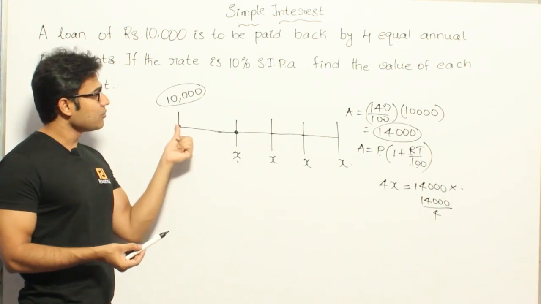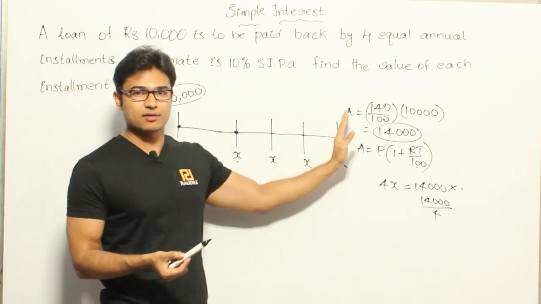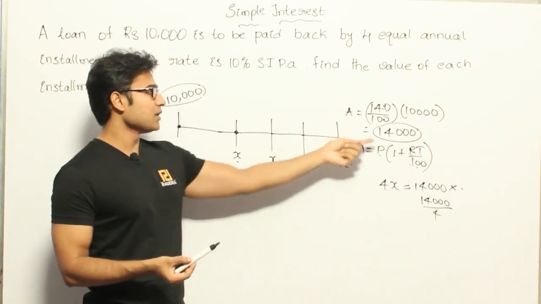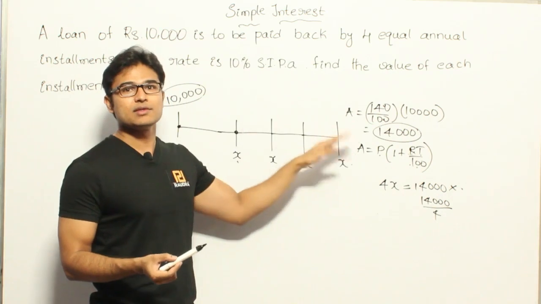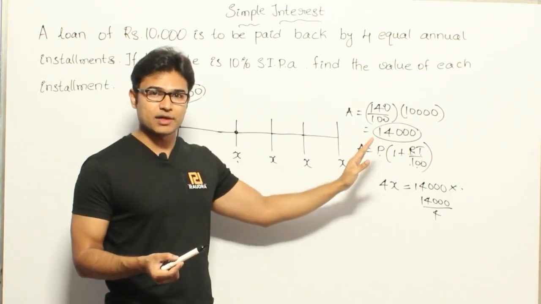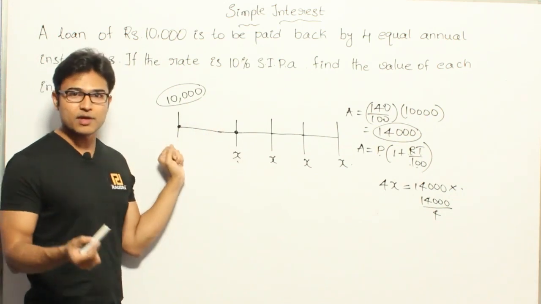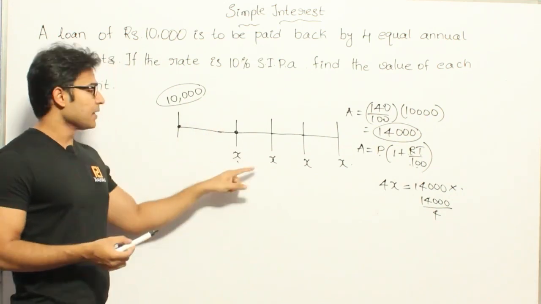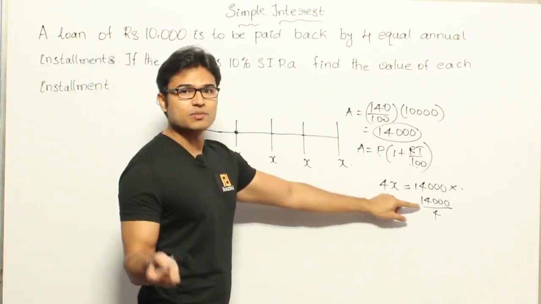So initially you have computed the total interest assuming that you are going to owe 10,000 rupees the entire period. Initially when you computed this, you have assumed that the total money you have to pay is 10,000 rupees constantly, right? But that is not the case. Here the amount is reducing. Therefore anyway, how you should understand is, you need not pay that much amount. 14,000 divided by 4, you are supposed to pay less than that.